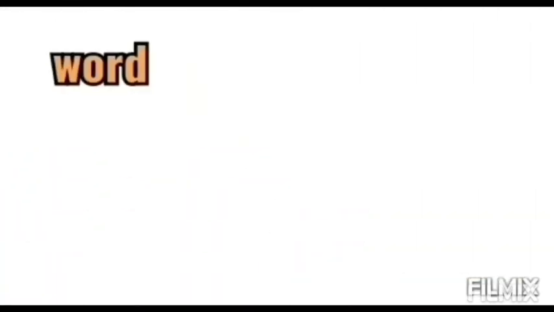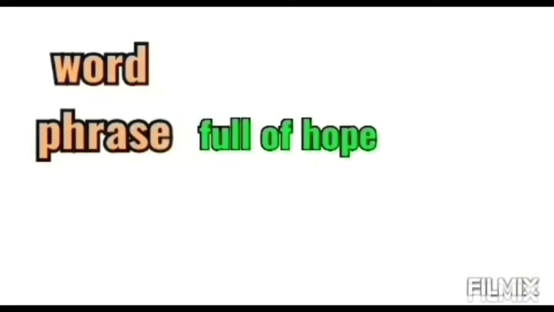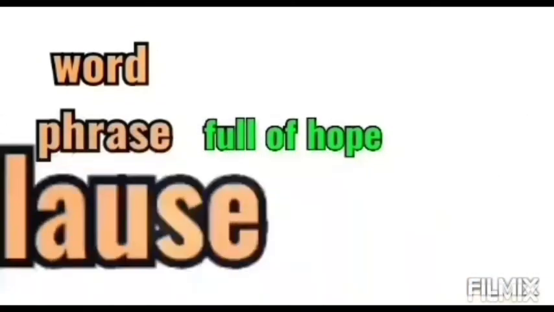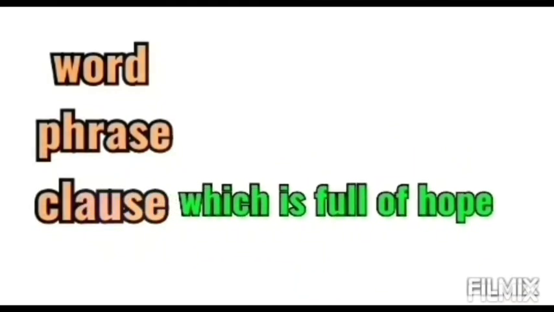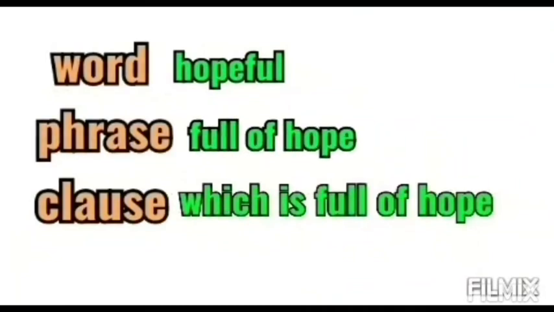So once again I want to remind you of a very small thing. For example, when I say hopeful, it is a single word. When I say full of hope, the meaning is the same, but it is made of 3 words, right? It is a phrase. And when I say the same thing in the form of which is full of hope, it is a clause or a sentence. Why is it a sentence and clause?